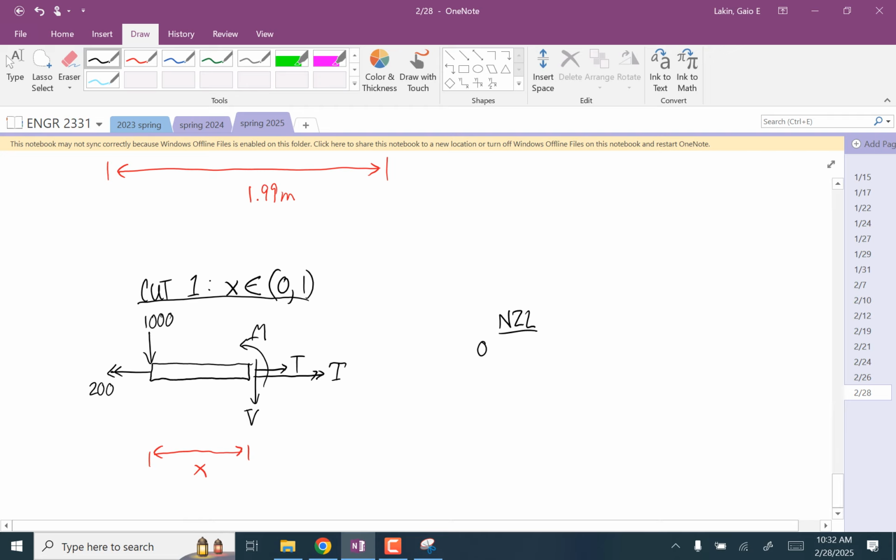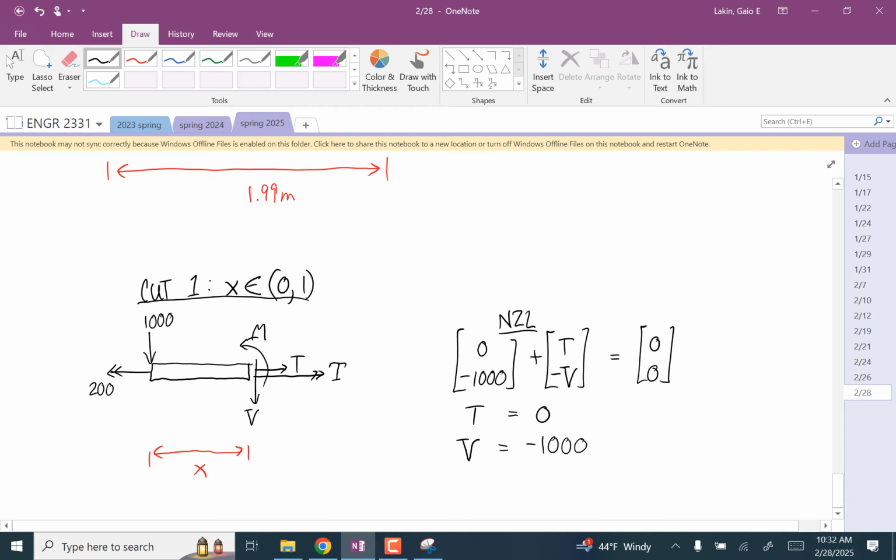And so you get 0, negative 1,000, plus T. You have a T, 0, negative V. I'm just going to put those in a single vector, equal to zeros. And so T is equal to 0, V is equal to negative 1,000.